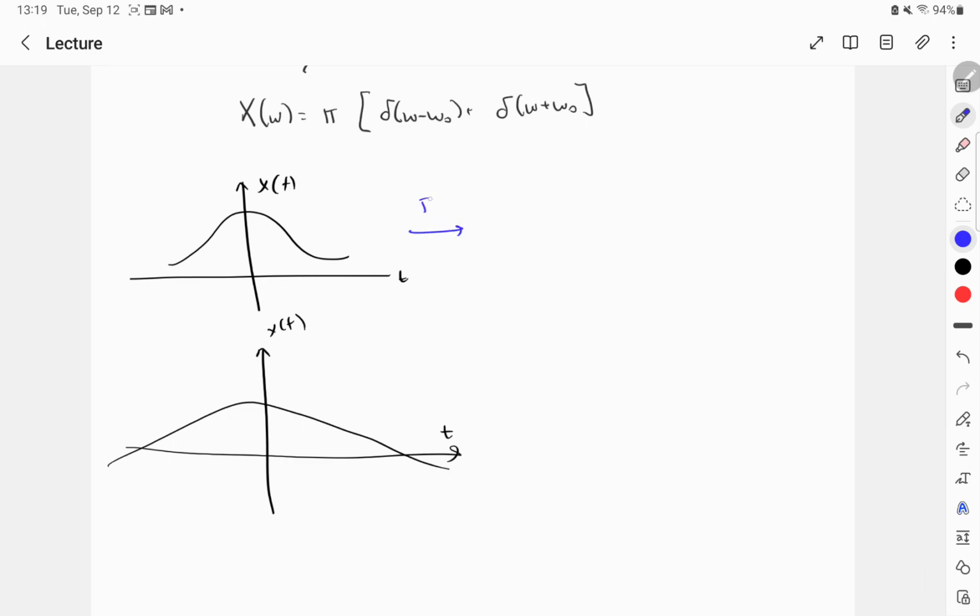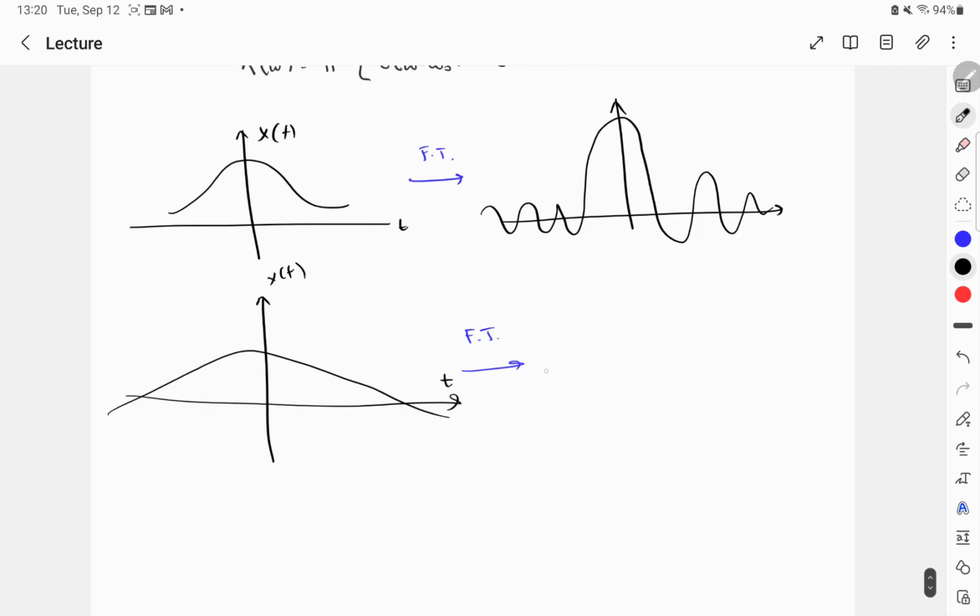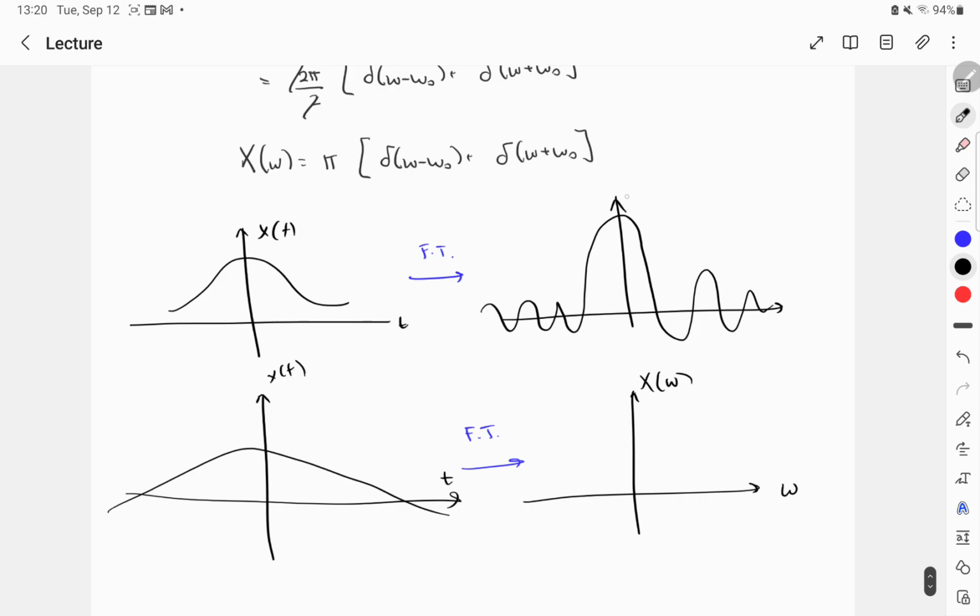And then if we do the Fourier transform, if we show the Fourier transform of these two, the Fourier transform of this one, let's say it is like this. For example, here we have, and let me show the other one also in frequency domain.